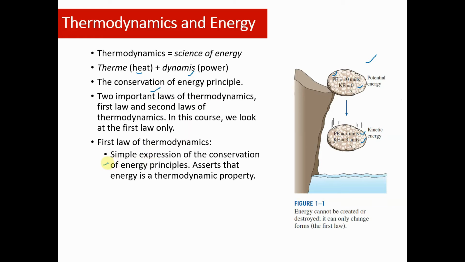It is a simple expression of the conservation of energy principle, asserting that energy is a thermodynamic property. That means the energy cannot be destroyed, nor can it be created, but we can transfer or convert the energy from one form to another.